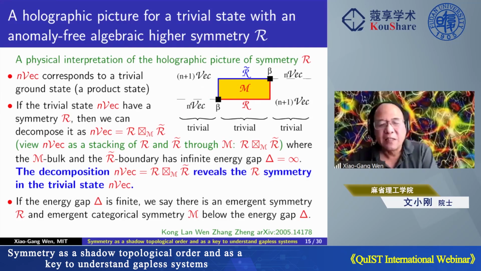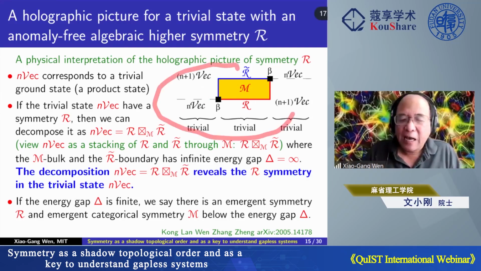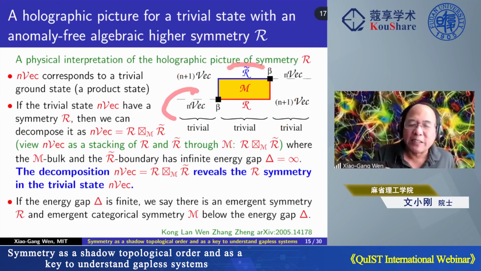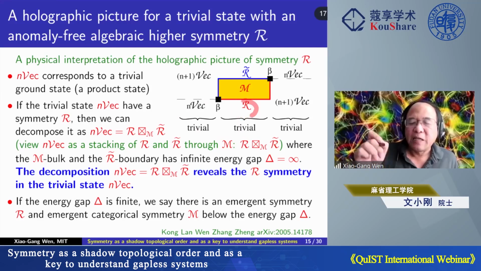Okay. So this picture actually is a picture of the emergence of symmetry. We have a product state, and we don't know whether there's symmetry or not. Then we try to see whether its excitations can be reproduced by this composite system. If yes, then this product state has an anomaly-free symmetry.